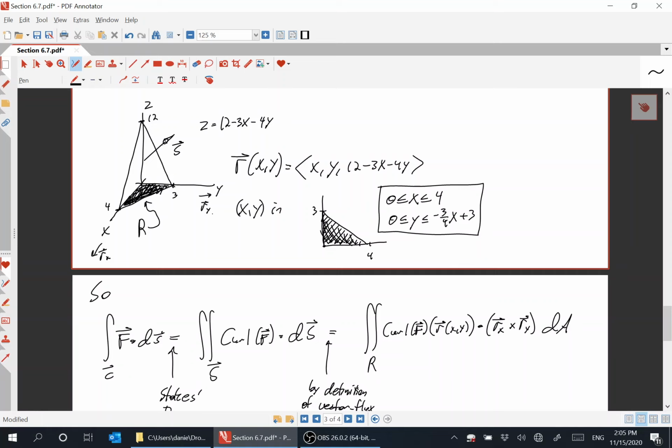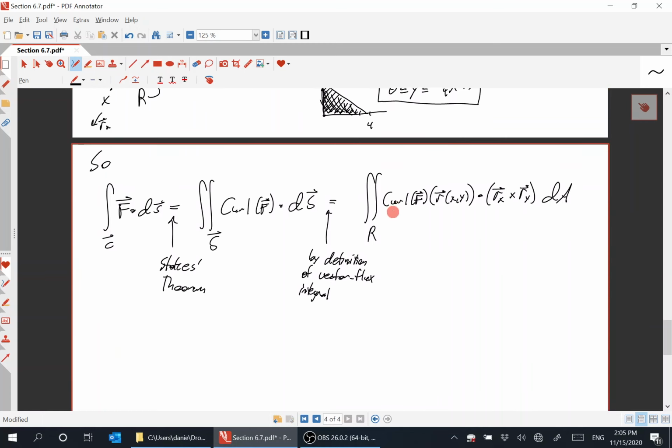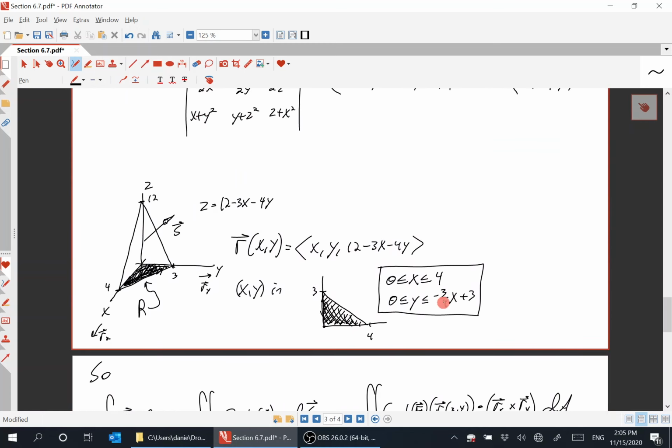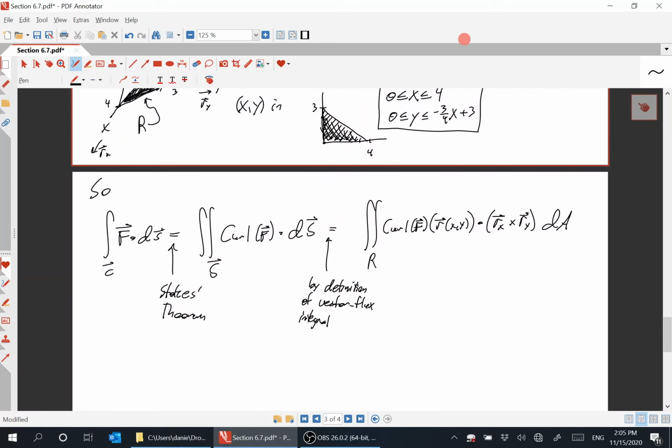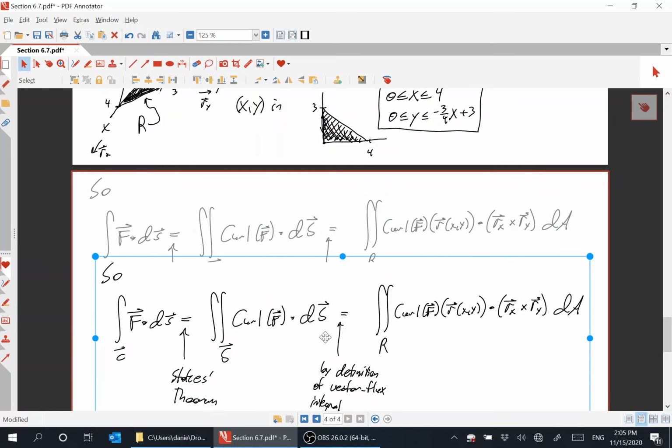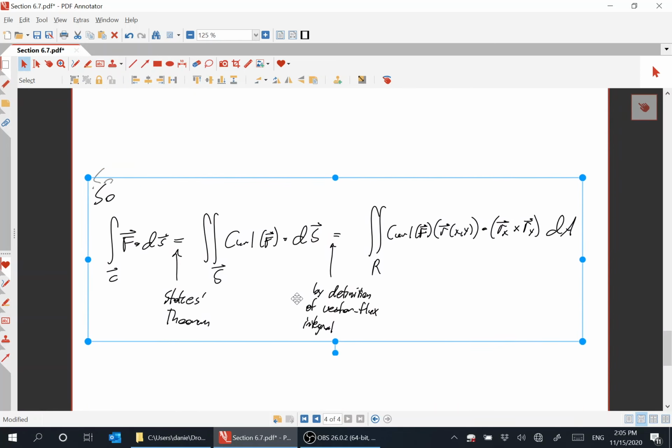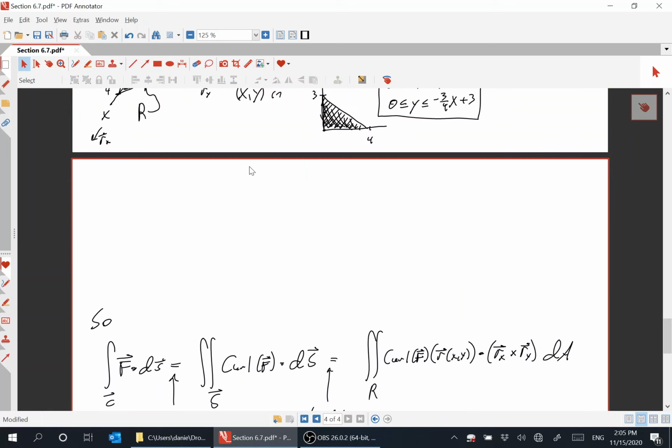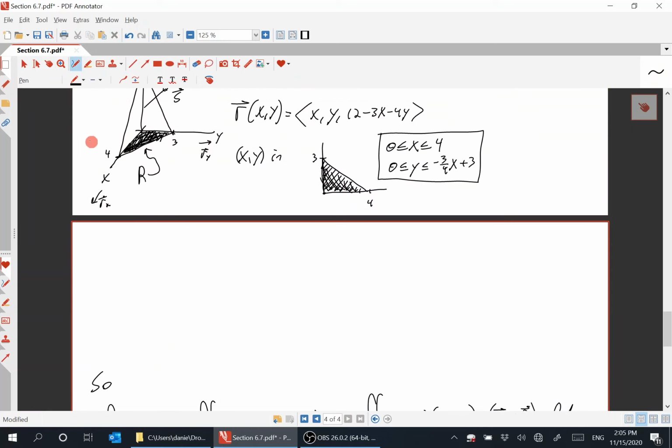r_y cross r_x, using your right hand, points downward. So we need to calculate those as well. Maybe we'll do that here. Let me move this down, and then we'll calculate that cross product. Partial of r with respect to x is equal to 1, 0, minus 3.